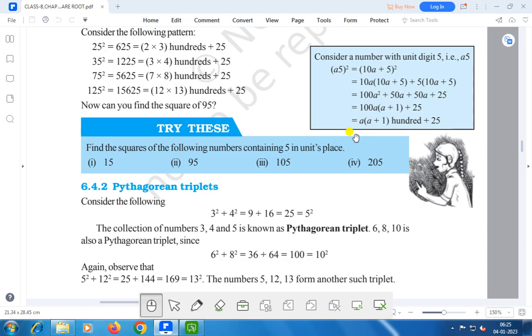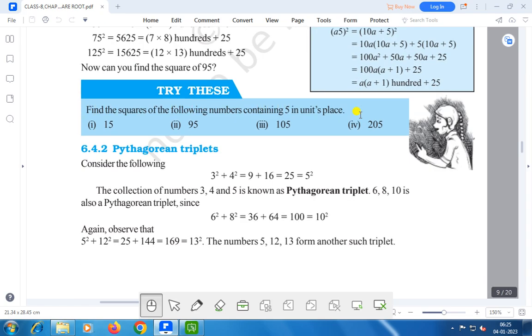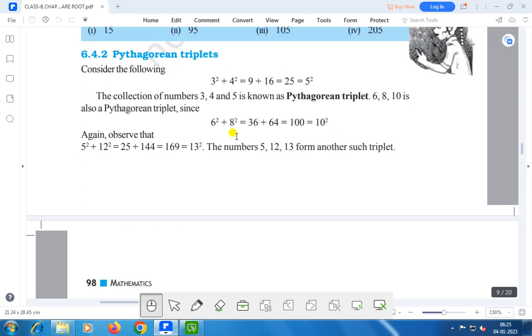Right? We can write in this way. In this way you can find the various squares.